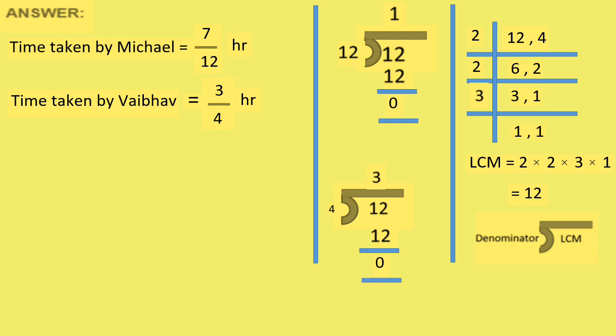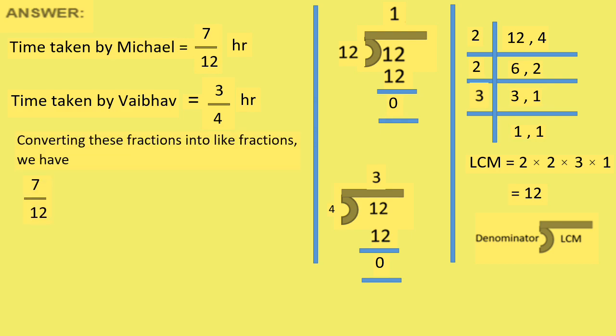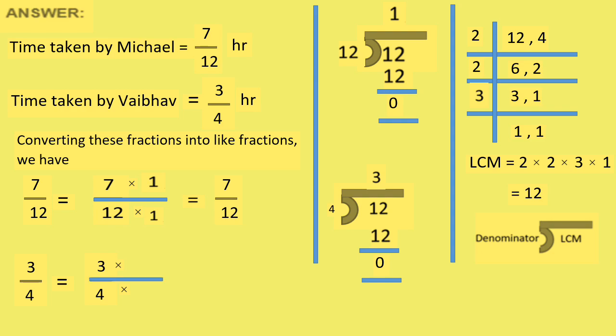Now I am going to multiply this quotient with the numerator and denominator. 7/12 into 1 by 1 is equal to 7/12. Now for 3/4 into 3 by 3: 3 3s are 9, 4 3s are 12.